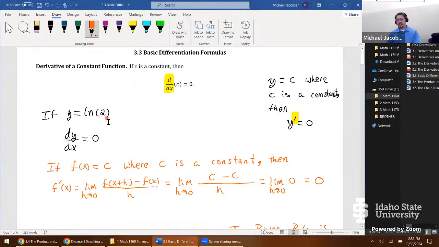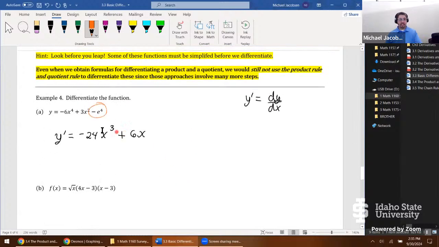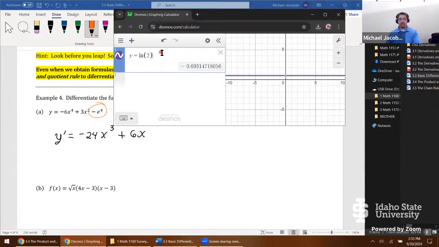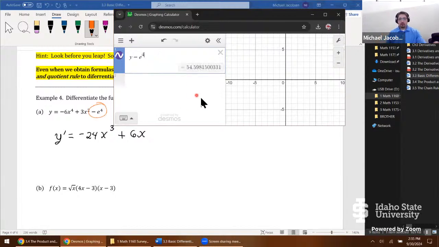Well, that one's not so hard to spot as a constant because there's no x anywhere inside there. But this one, down below in the notes, again, is extra tricky. It's basically a trick question to watch out for. It's the power 4 on it that makes it look like we might be using a power rule. But that one's no different. If you say y equals e to the power 4, we get a value of 54.59.